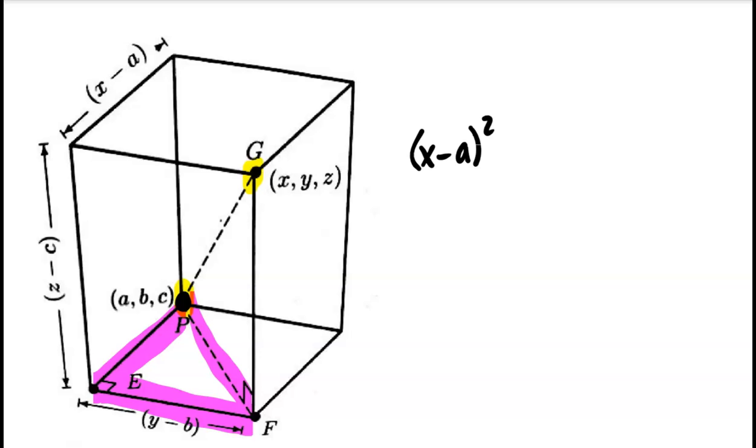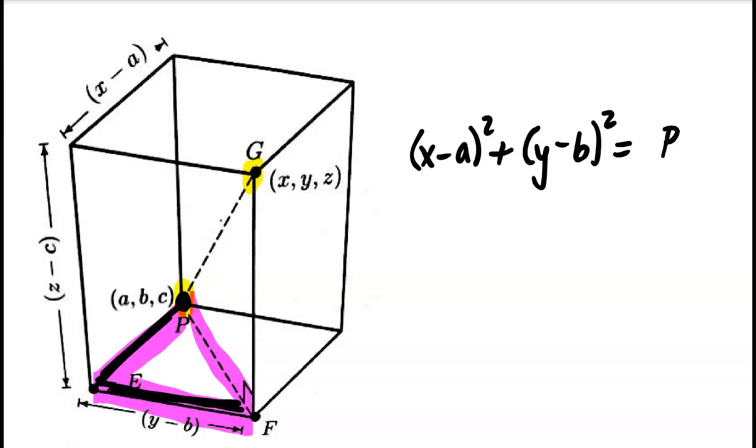So x minus a squared will be this leg, plus y minus b squared is this leg, is equal to the distance PF squared. And that's simply the Pythagorean theorem.